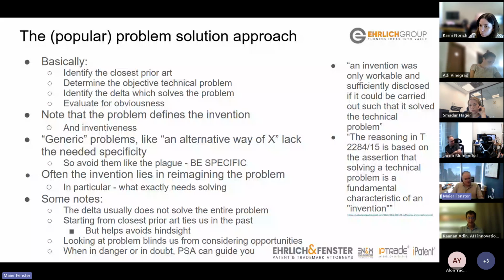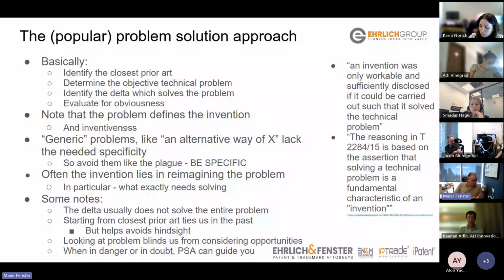Companies are about opportunities, not about problems. But having said all of this, the problem solution approach is definitely something which you should use if you're stuck, because it will help you tease out at least part of what the invention might be. But I believe only if you spend a significant amount of work on defining what the problem is.